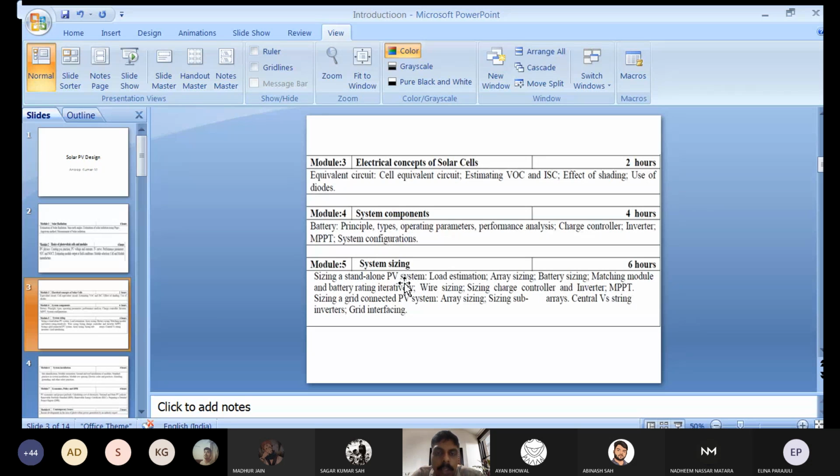Module 5 means system sizing. What is sizing? We should get the correct number of panels, correct battery AH rating, and correct inverter rating for a given application, right? Suppose you purchase a new electric car.